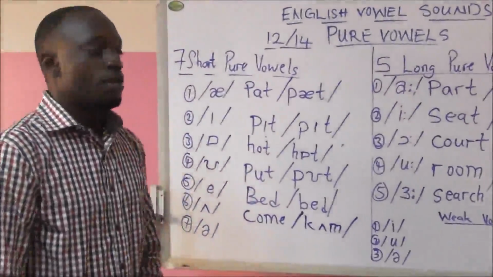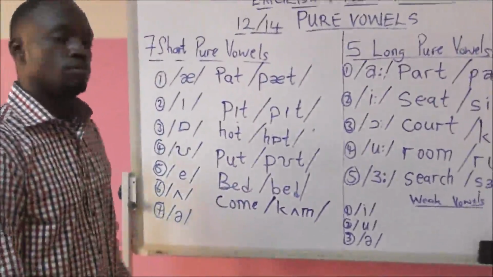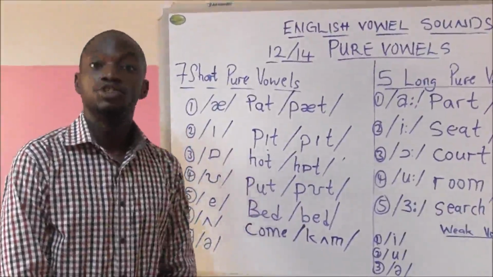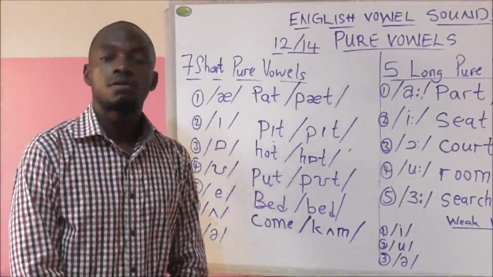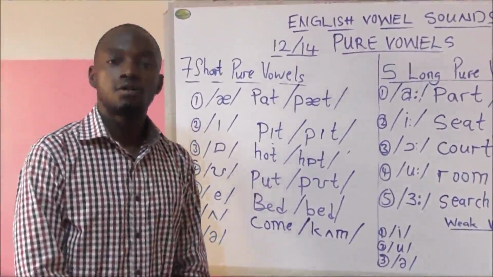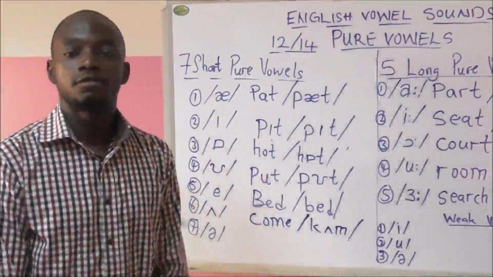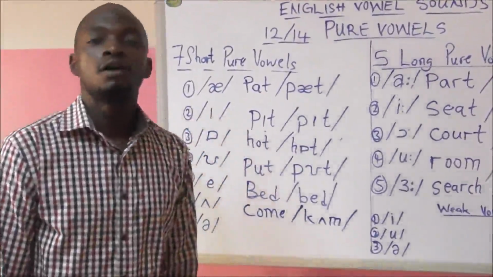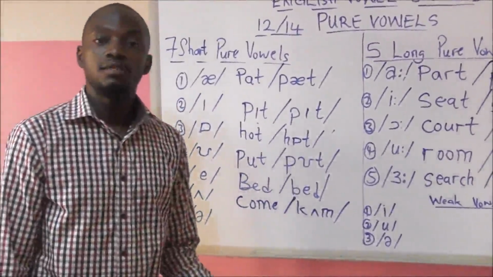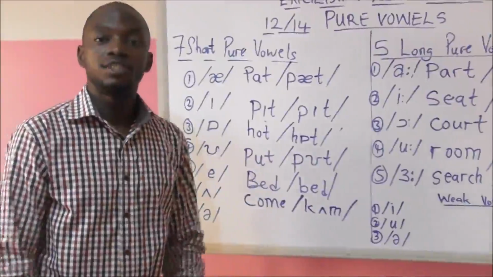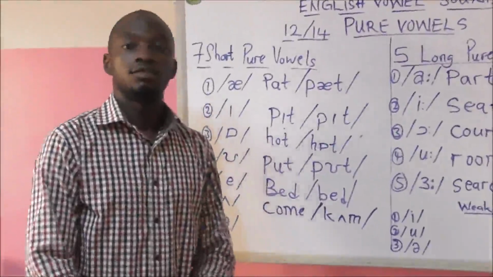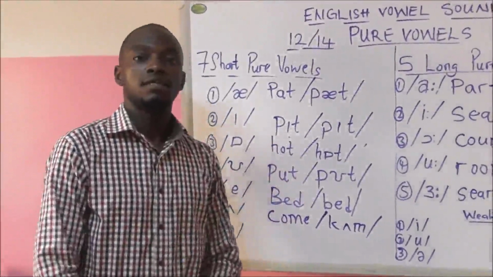Most times, this symbol or this sound appears in words that have U. For example, cut, C-U-T, cut, hunt, H-U-N-T, hunt. And then in a word like country, C-O-U-N-T-R-Y, country, and not the normal country the students say. It is country.